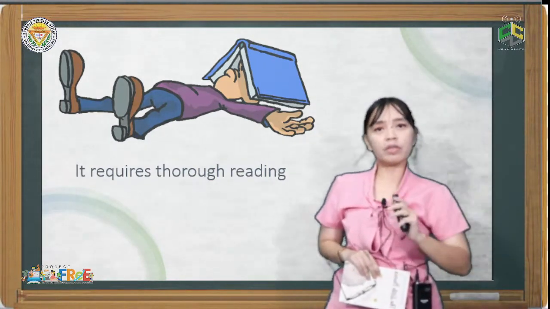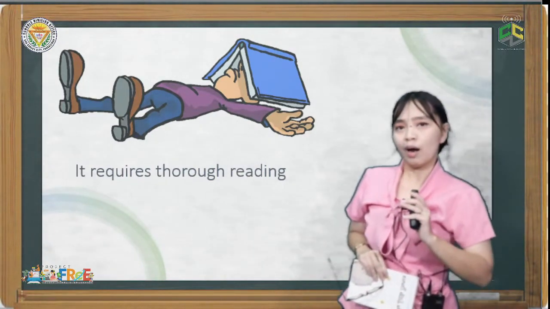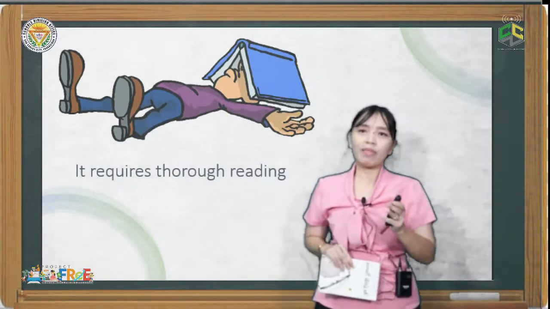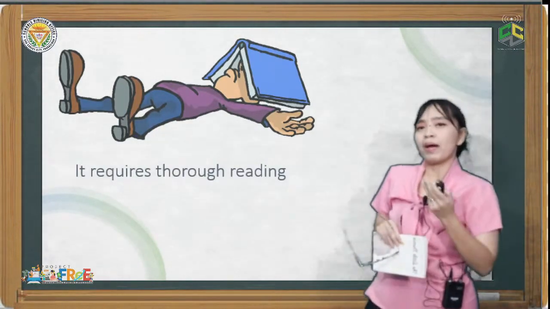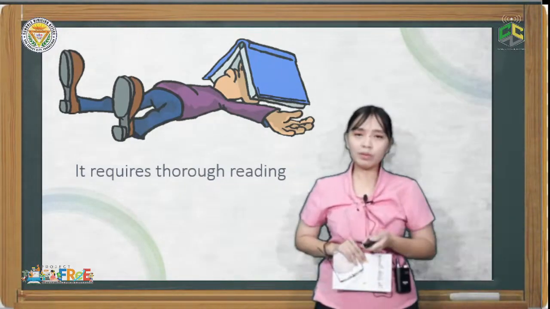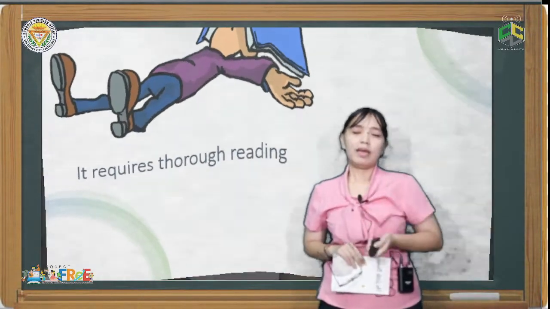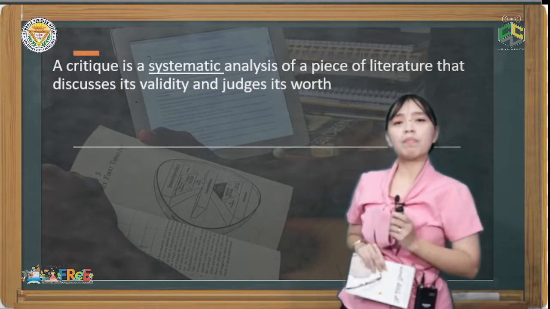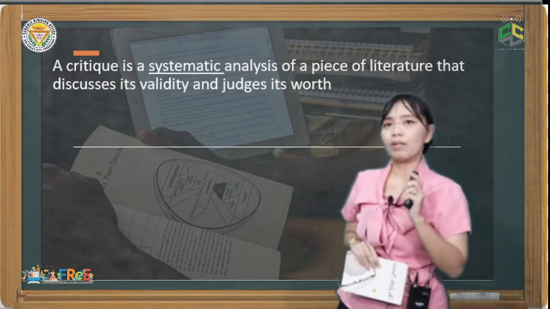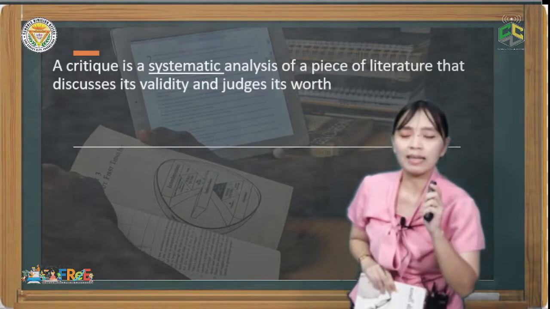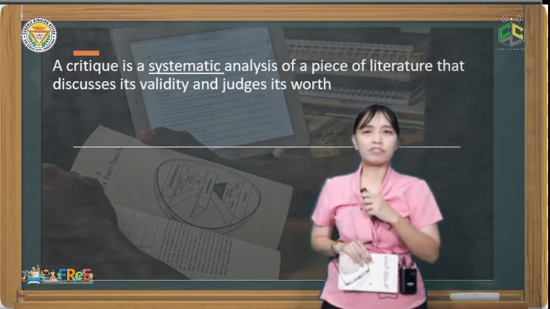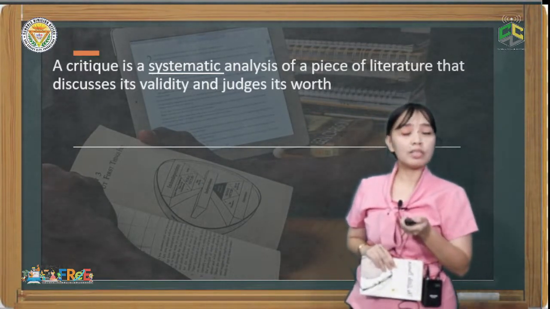This is what I call the critical reading strategy, or critical reading phase, in writing a critique paper, so that we will be able to further expound what we mean by thorough reading. Also, I'd like to add that when we talk about a critique, learners, it's all about a systematic analysis of a piece of literature that discusses its validity and judges its worth.